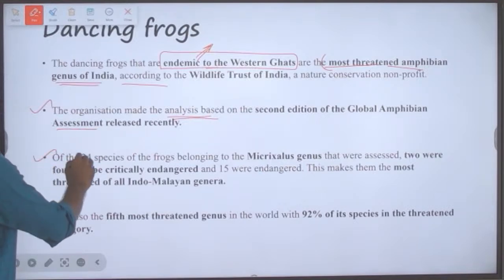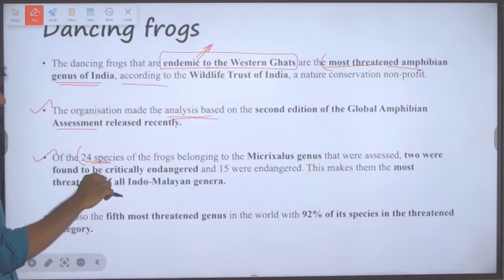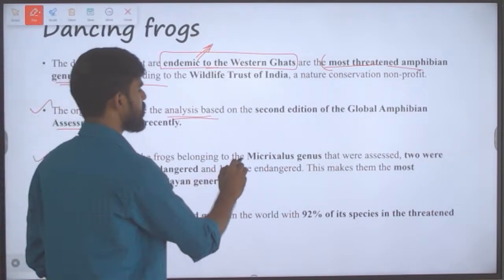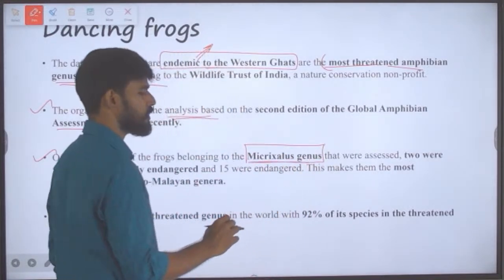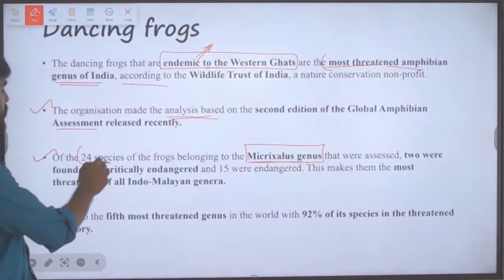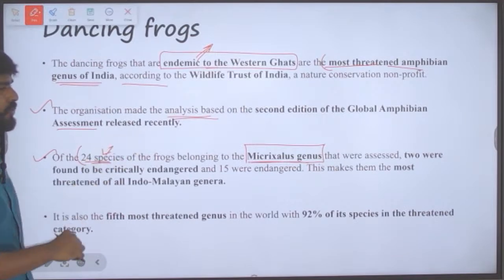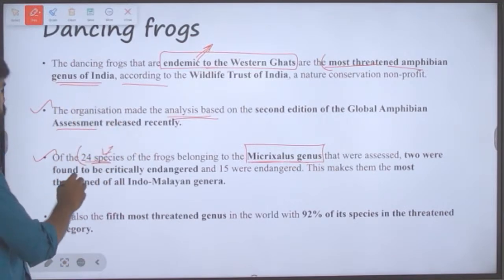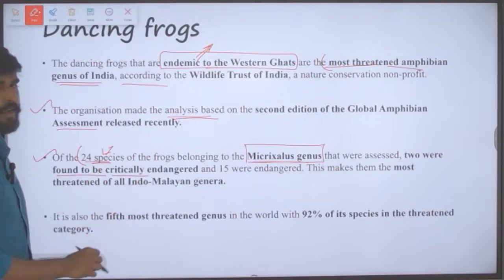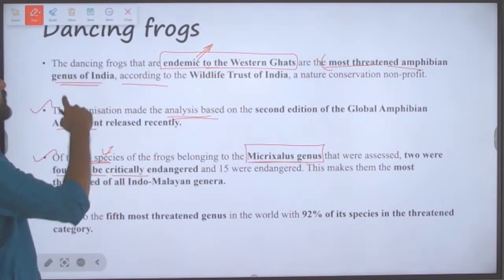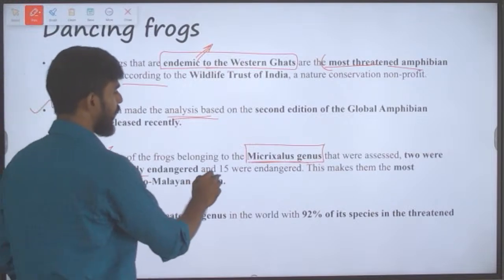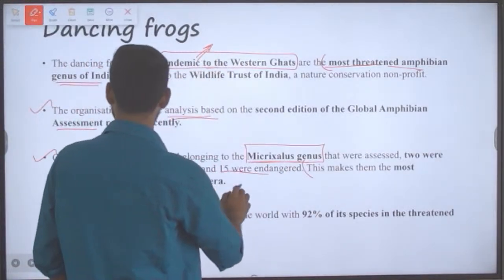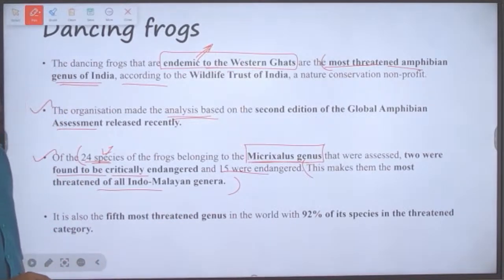Of the species of frogs belonging to the Micrixalus genus, there are 27 species in this genus. Two are found to be critically endangered, and one among the two is the dancing frog. Fifteen were endangered, and this makes them the most threatened of all Indo-Malayan genera.